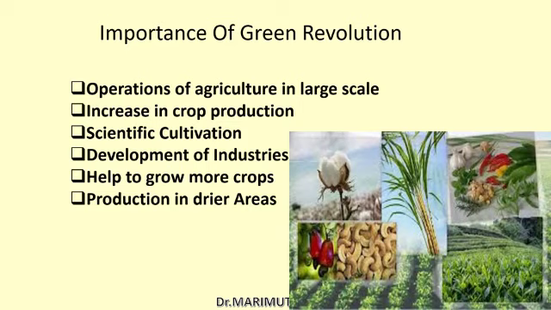Fourth one is development of industries, and industries also develop at the same time. The agriculture sector must be increased in order to meet the demand and supply. Next is that it helps to grow more crops. And last one is production in drier areas. So these are the importance of the Green Revolution.